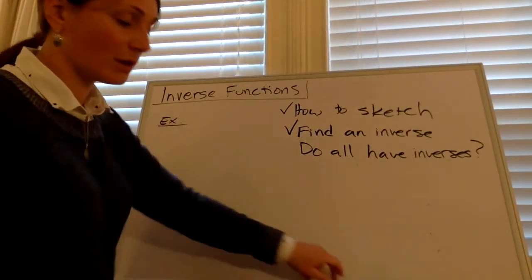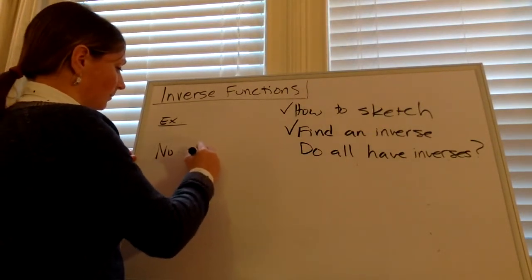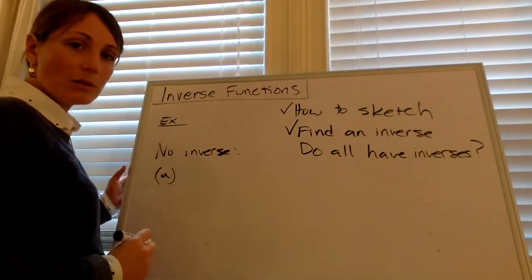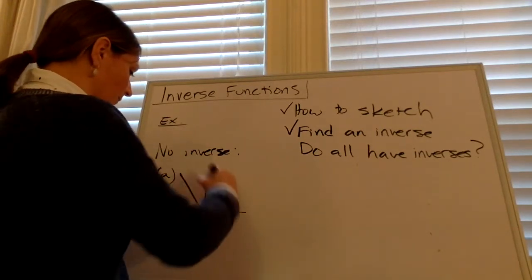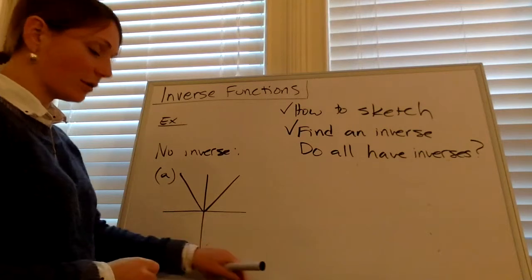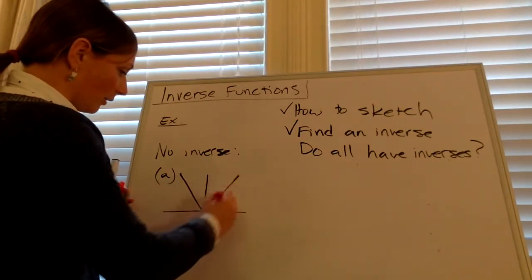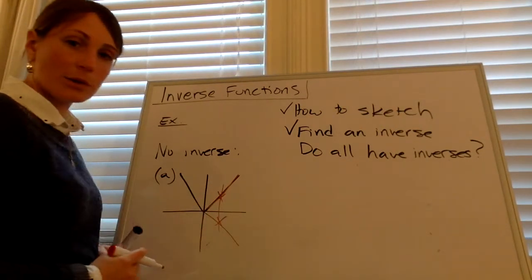Other examples of functions that have no inverse. Okay, all of these functions that I'm writing here are not going to have any inverses. A graph that looks like this has no inverse. Why? Because I can see that if I reflect it, the reflection is not going to be a function.